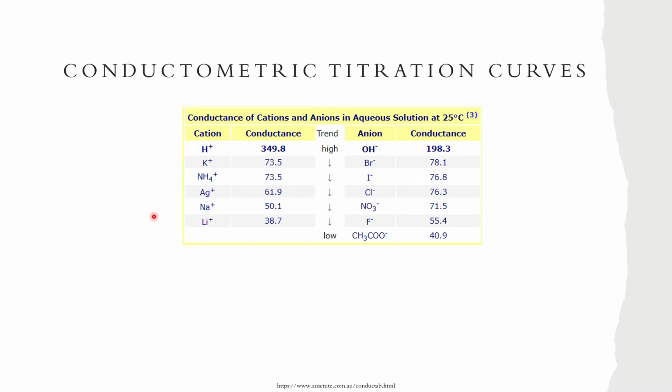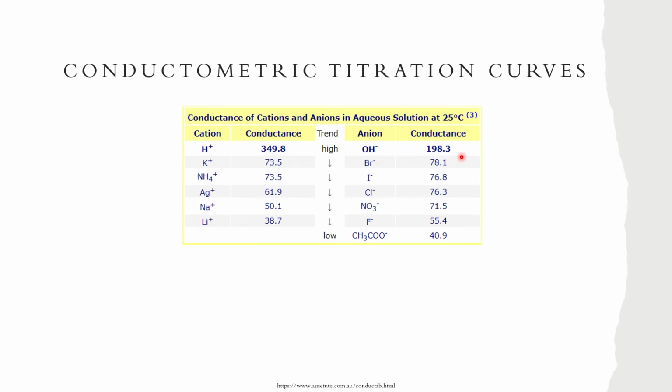The first thing that I want to establish is that our hydrogen ions and our hydroxide ions are the most conductive ions present in any of our acid-base reactions. So when there is a lot of hydrogen or hydroxide, you'll see on one of these curves that the conductivity is at its highest.